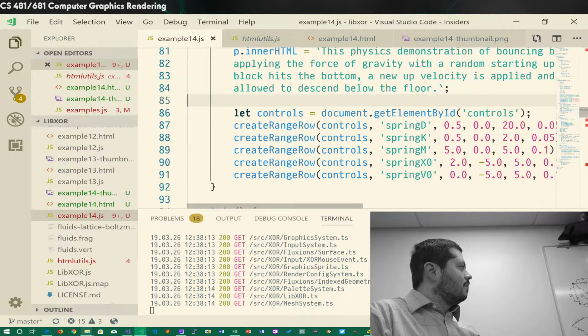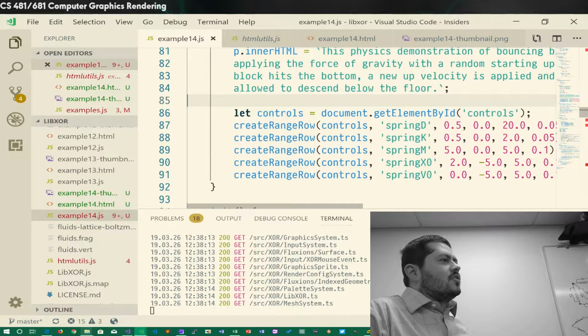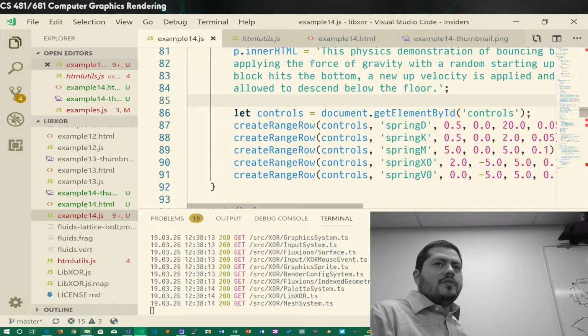approach this problem? And maybe we could use what we've learned in fluids to help us along. How could we approach the problem so we could actually get to the point where that is realistic, assuming we know how to solve the physics problem?